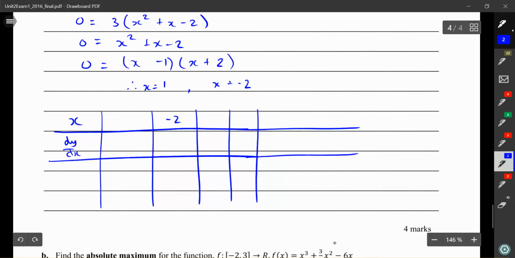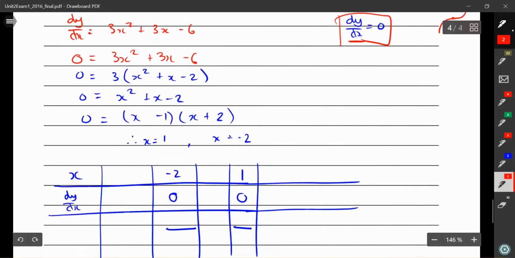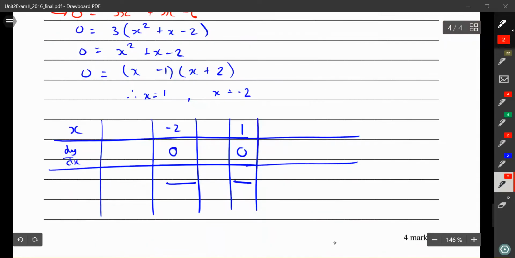Negative 2, pick a number before and after, and then the number 1, before and after, to see what kind of coordinates I have. Now we know the gradients for these two are 0 because we just solved for it. We said when the gradient is 0, find x. When x is negative 2, the gradient is 0. When x is 1, the gradient is 0.